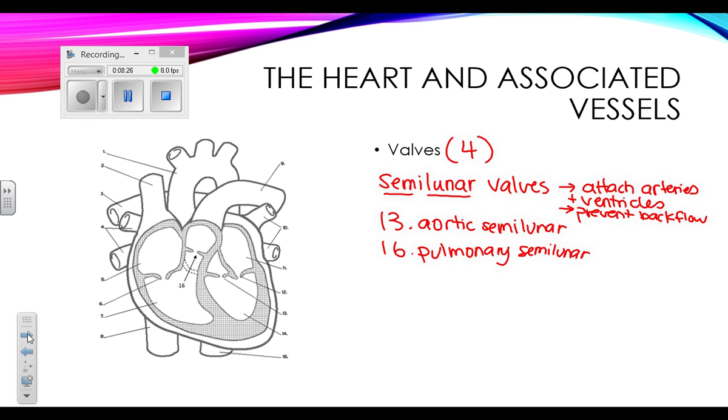So number 13, your aortic semilunar valve, is attaching your left ventricle and your aorta. The pulmonary semilunar valve is connecting your right ventricle and your pulmonary artery.